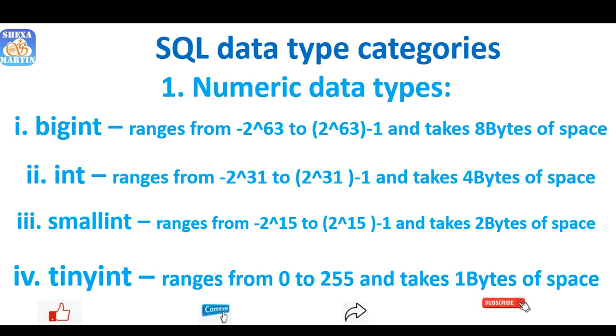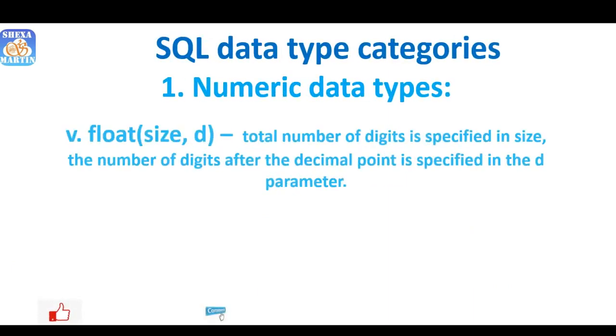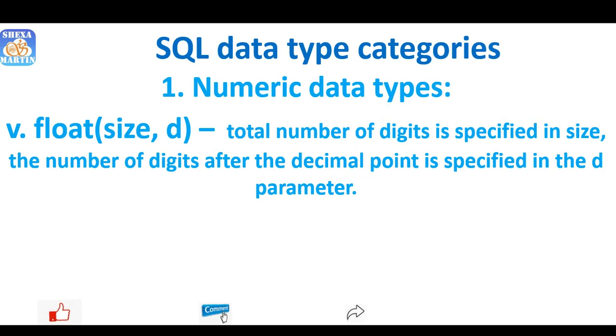Let's talk about other numeric data types. We have float, and I've added size and d inside the brackets. Of course, with tiny int and other integers, you can put the size inside, but with float, I want to emphasize this because it has a different number of parameters, which is 2.